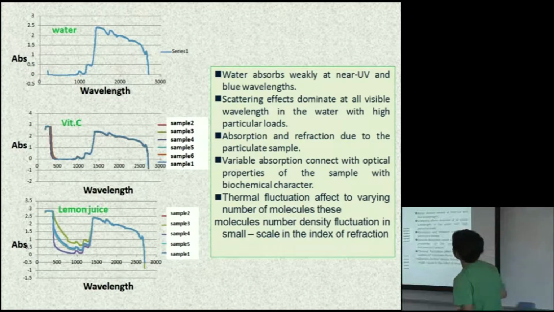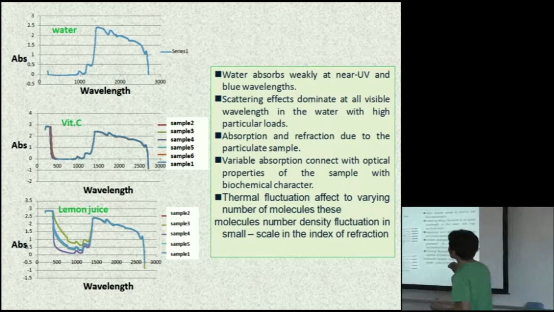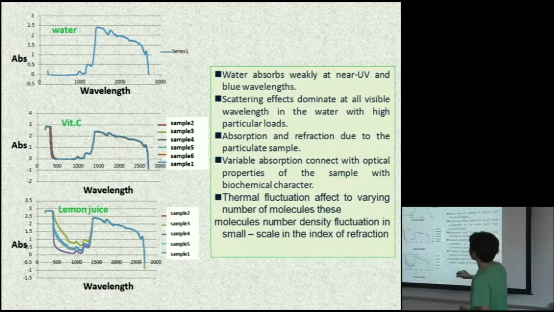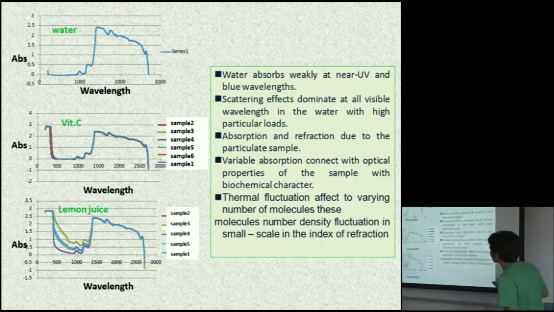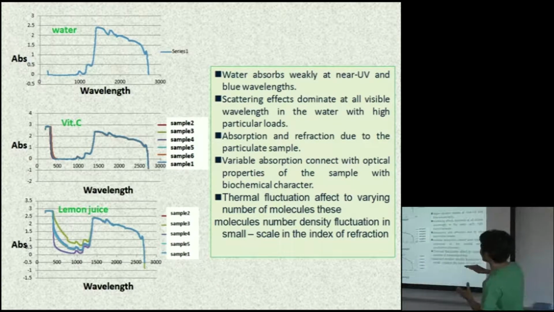For water, there is no high intensity from UV to visible. Because of the acidity or other contents, I think there are some spectra, even though they are saturated in the UV region.